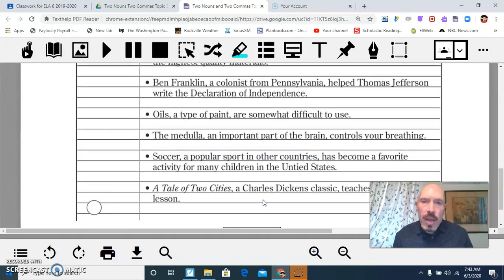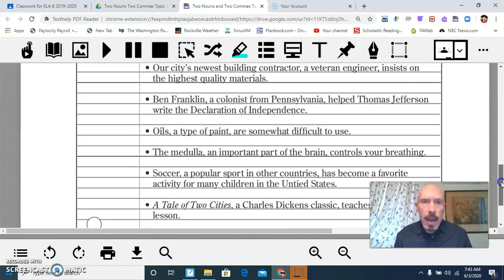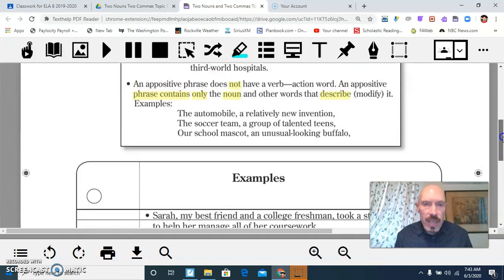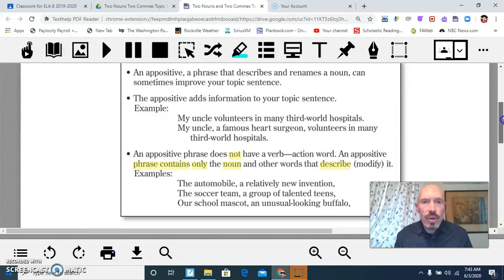So again, when you are writing a topic sentence using appositives, think of it as almost like a definition type of topic sentence. You are explaining a concept, an idea, which is why these are more topic sentences rather than thesis statements, but technically they could be.